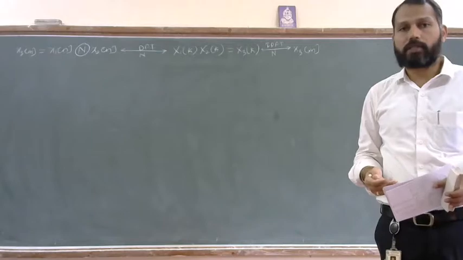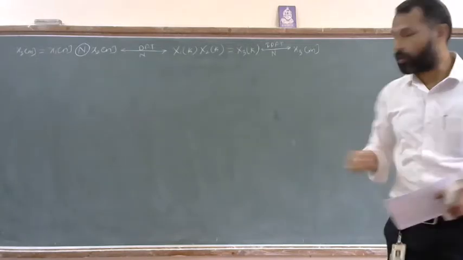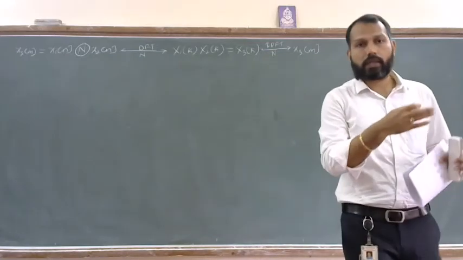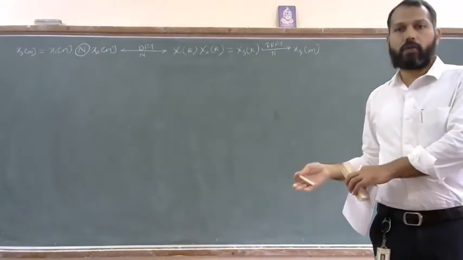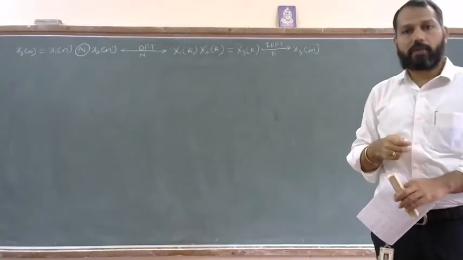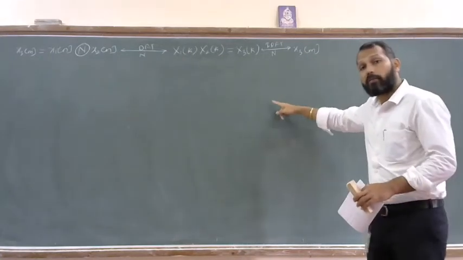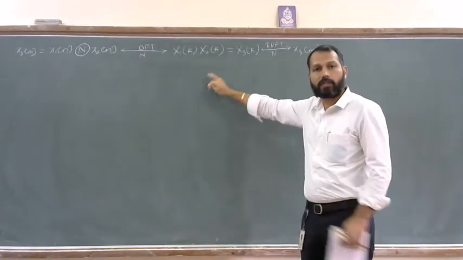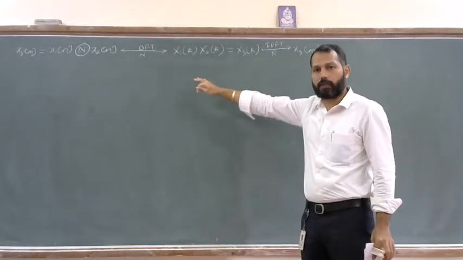But using DFT and IDFT, I have to convert the time domain signal into the frequency domain by applying DFT, operate on those frequency domain signals and then convert it back to the time domain. So this is the frequency domain operation of circular convolution.